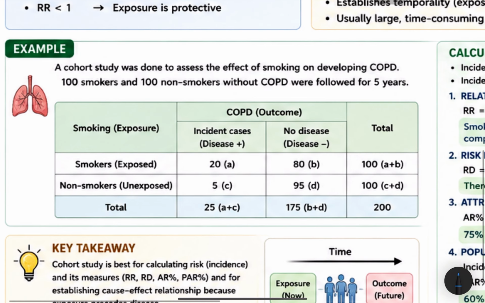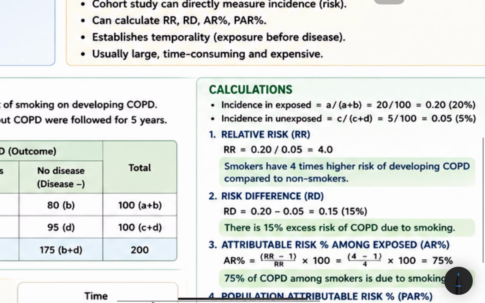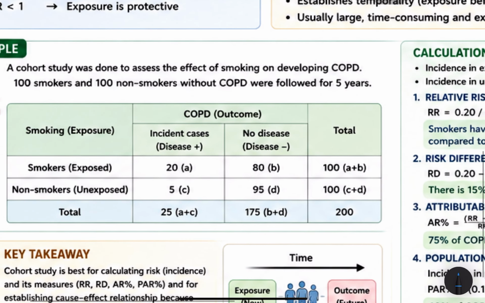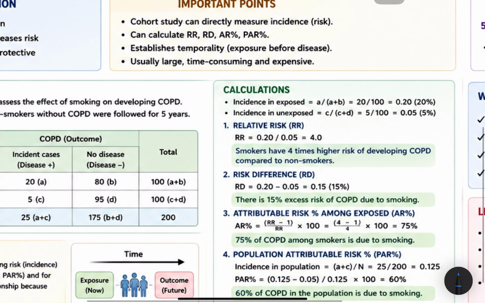We have a cohort study of 100 smokers and 100 non-smokers, and we have made a 2 by 2 table for this, so we got A, B, C, D according to the table. Now we will calculate the incidence in exposed. For this, we need exposed people who have disease upon the total number of exposed people. The incidence is 0.2, which is 20%.